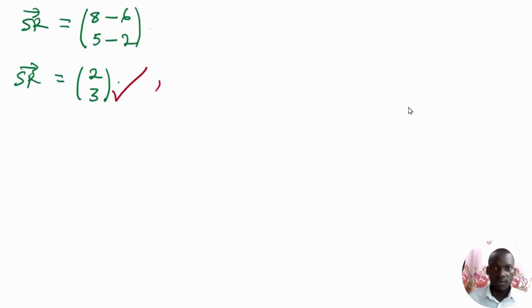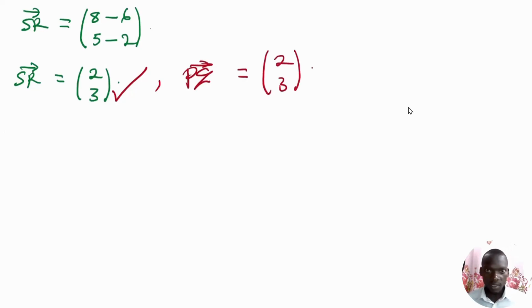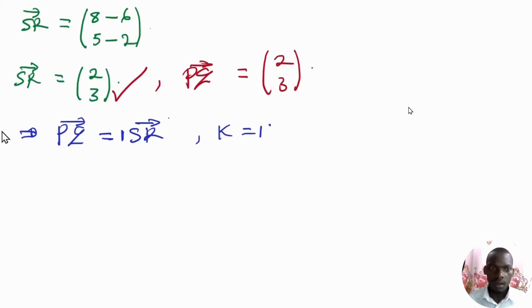As we see that these vectors are the same, it implies that we can express these two vectors in terms of the other, implying that vector PQ equals vector SR. It means that these two vectors are parallel, and our k equals 1. We can conclude and say therefore vectors PQ and SR are parallel vectors.